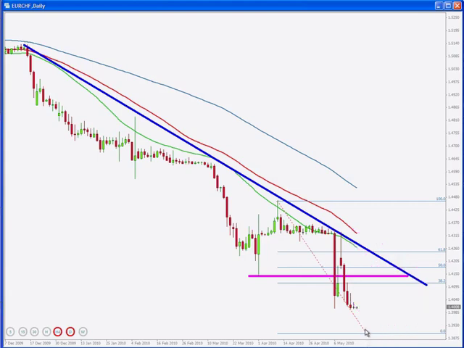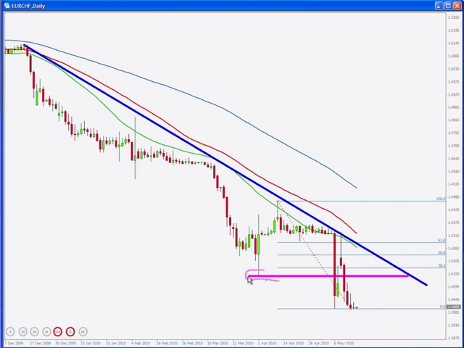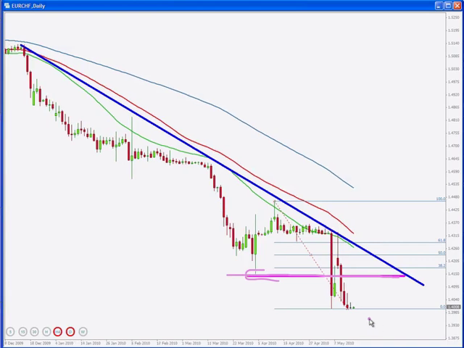As it stands right now, being this level the very low point of this current swing, I cannot, at least at this moment, take this swing low and therefore this horizontal line into the equation in order to form a confluence. So for the time being, I'm not going to be able to take this one into consideration.